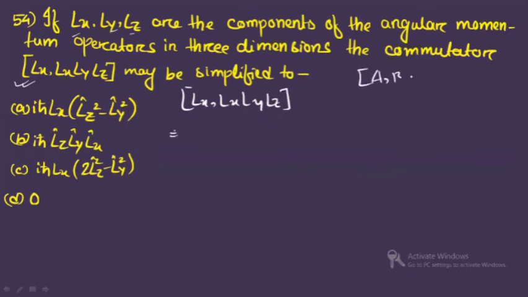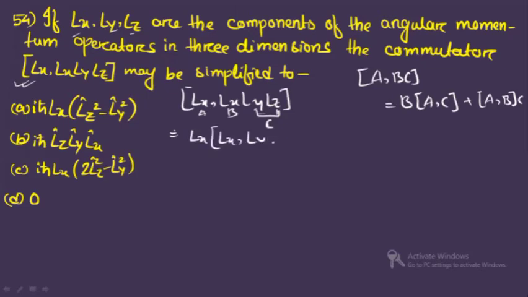We know [A, BC] equals B[A, C] plus [A, B]C. Now, if I consider this term to be C, this to be B and this to be A, then you can write it as Ly[Lx, Lz] plus [Lx, Ly]Lz.